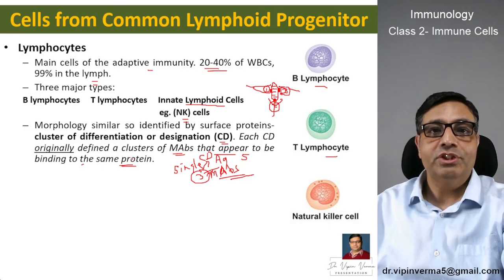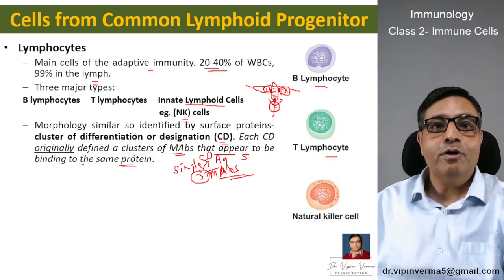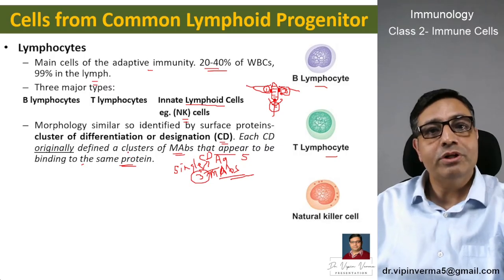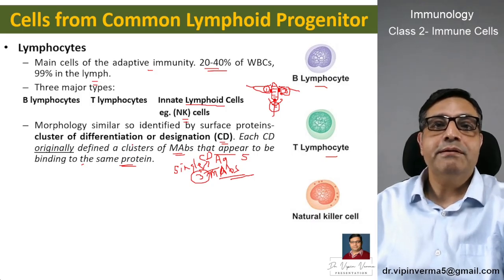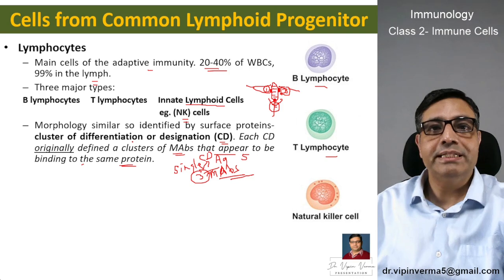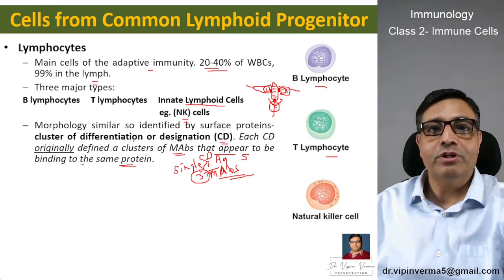Because the protein is large, the antigen is large, it has a number of sites where the monoclonal antibodies can bind. All the monoclonal antibodies together, if we keep them in a purse, we give this purse a particular CD designation, like CD1, CD2, CD3. In the case of CD1, there might be 5 monoclonal antibodies in the purse.